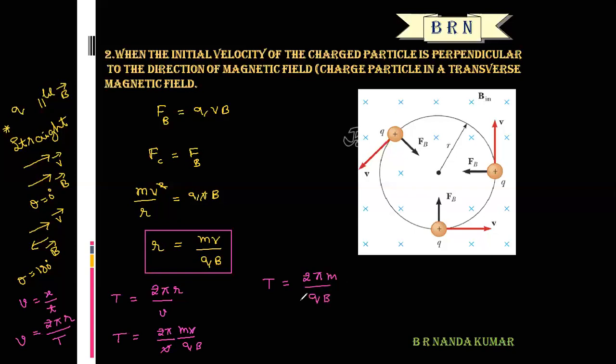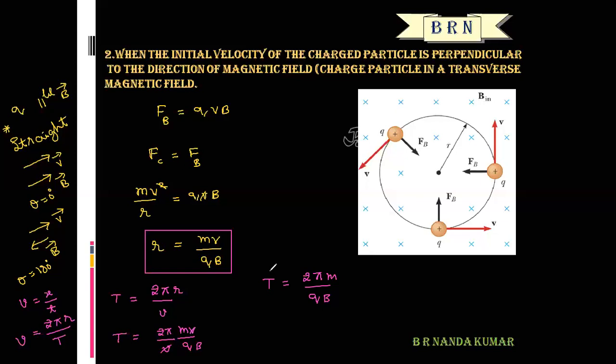So this is the mathematical expression for time period of a charged particle. What is the meaning of time period? It is the time taken by the charged particle to complete one rotation in the presence of a perpendicular uniform magnetic field.